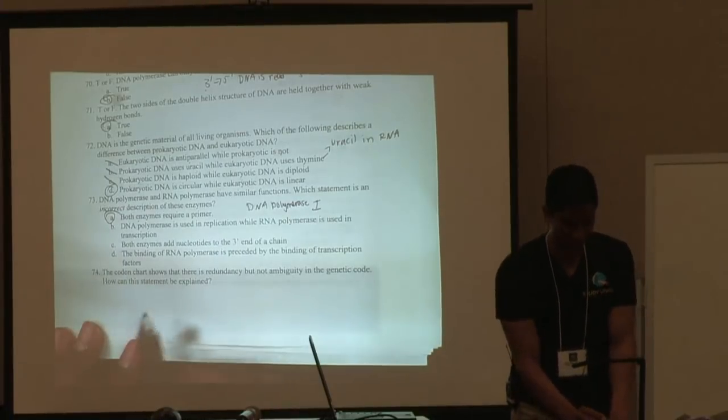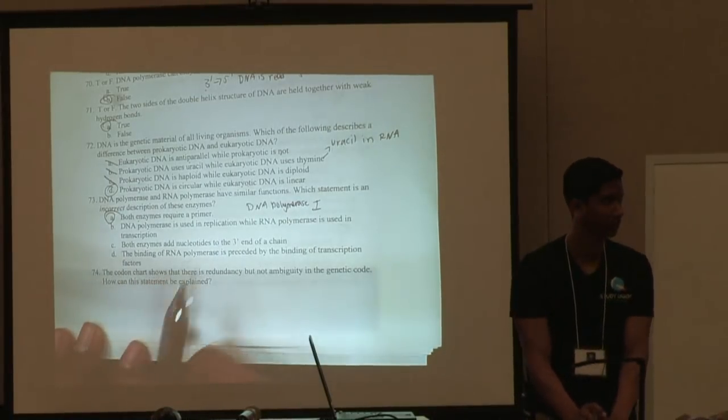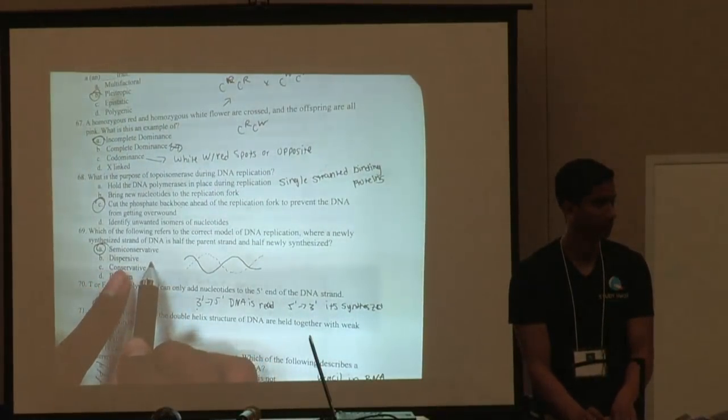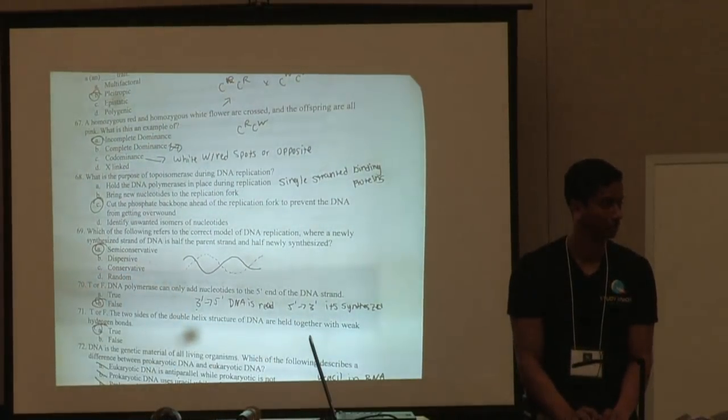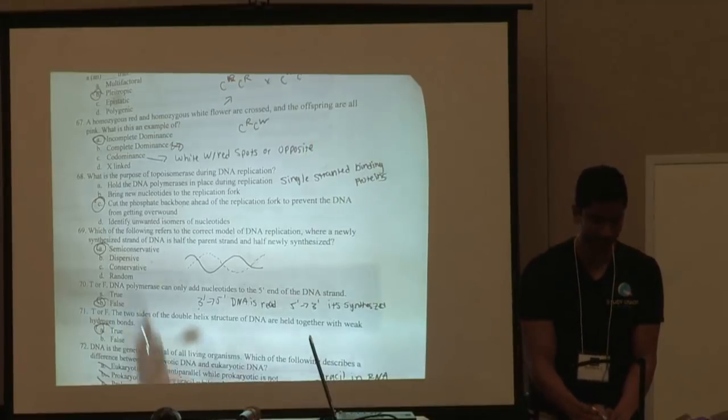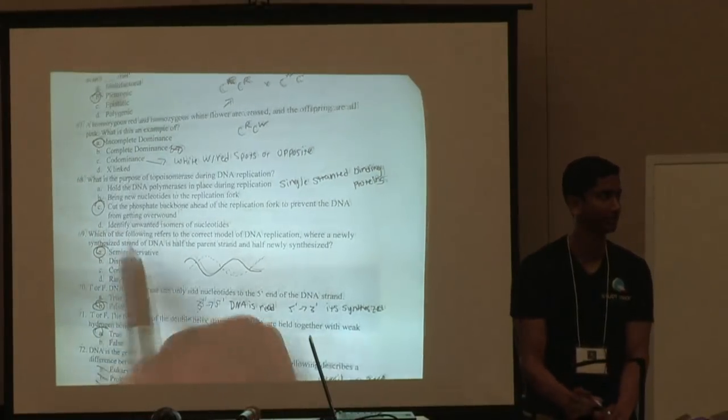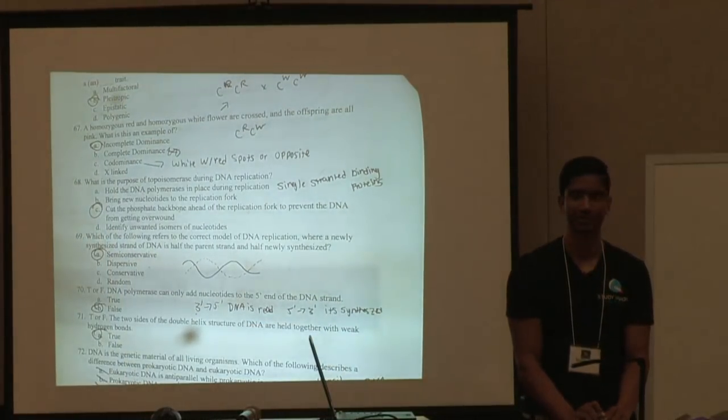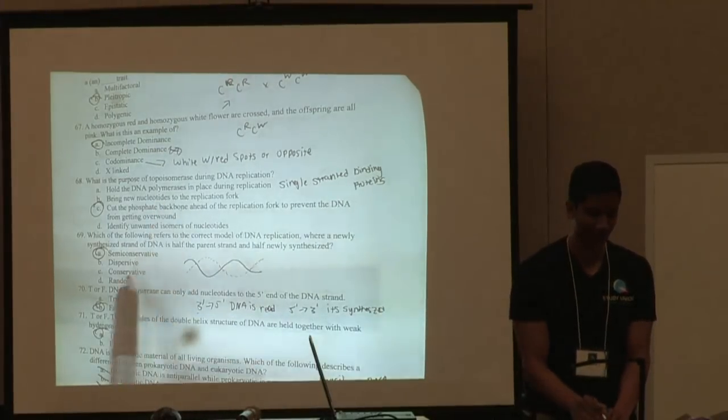All right, 74. The codon chart. This one? I want to ask, what are the other choices for? Dispersive. Okay, so dispersive is what? Does anyone know? She didn't talk about dispersive in class. If she did, I would have gone over it.